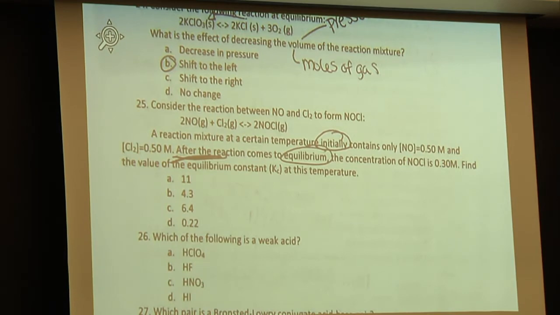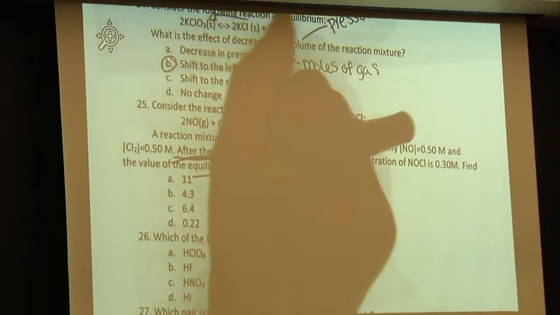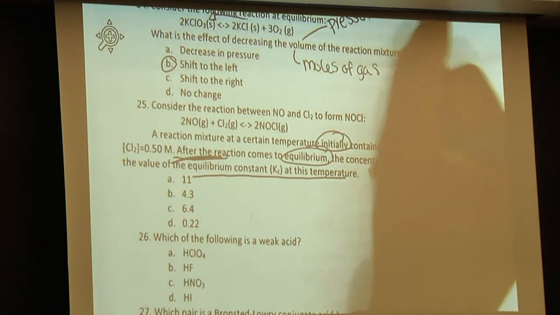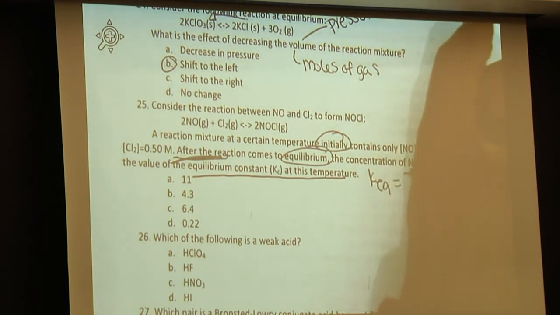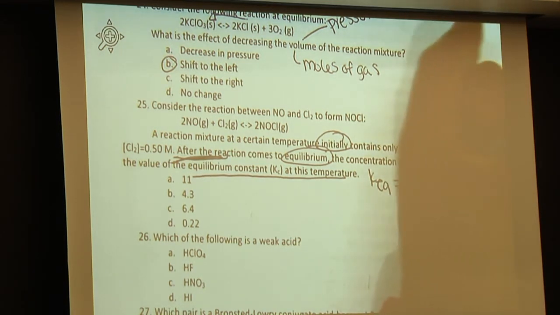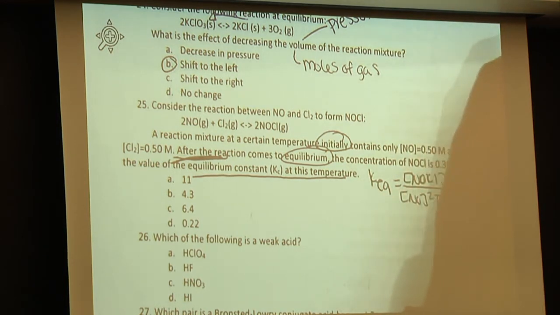We want to find the value of the equilibrium constant at this temperature. So what's the first thing that I always say that we should do? Write the K expression. So you have K equilibrium equals NOCl squared over NO squared times Cl2.